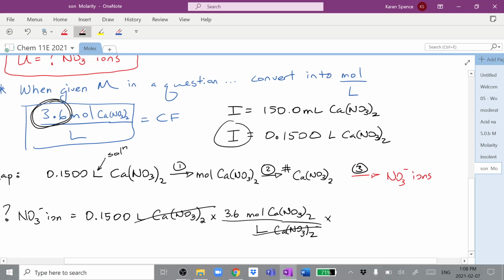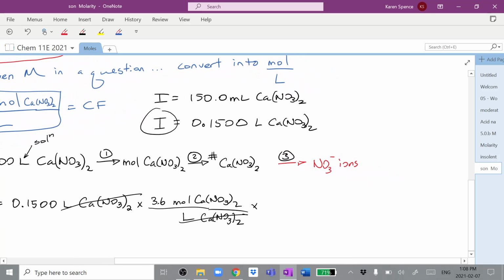Do you see how I'm sticking calcium nitrate after everything so that I know what I'm dealing with? All right, next we need to go to the number of calcium nitrate. So we need to cancel moles of calcium nitrate and find the number of calcium nitrate particles. And of course there are 6.02 times 10 to the 23 calcium nitrate particles per 1 mole.